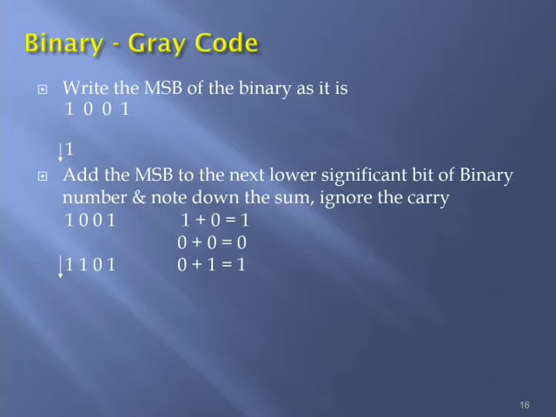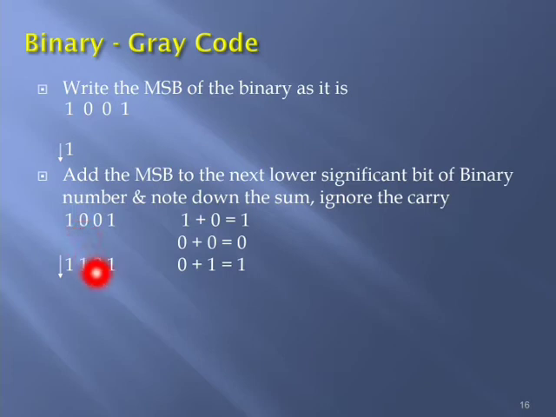For the next bit, add the MSB to the next lower significant bit, that means 1 plus 0, which is equal to 1. So this 1 came from the addition of these two bits, 1 plus 0.